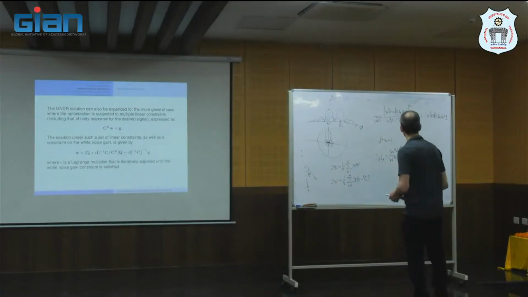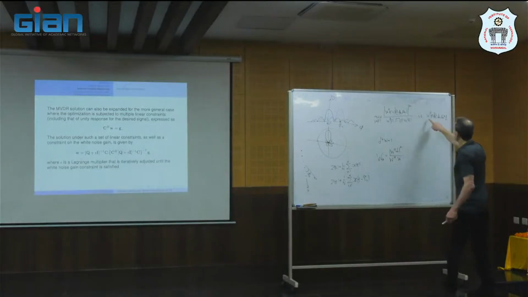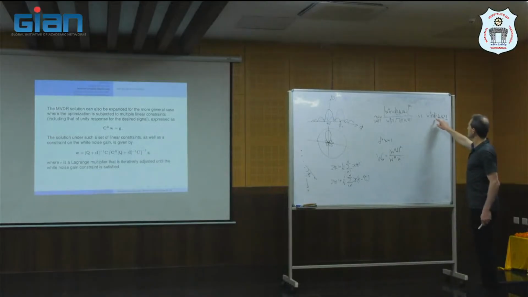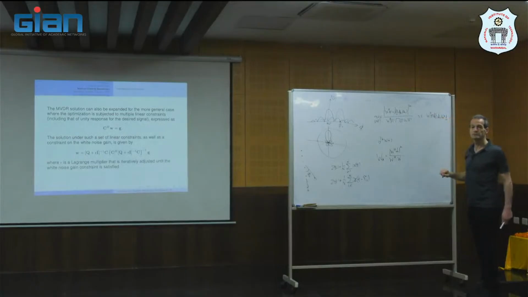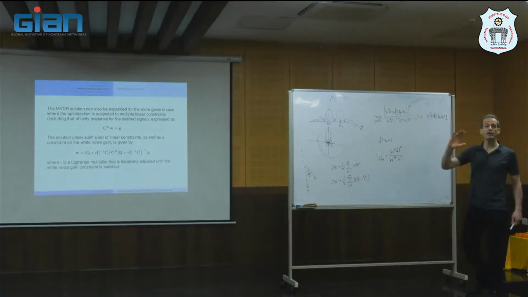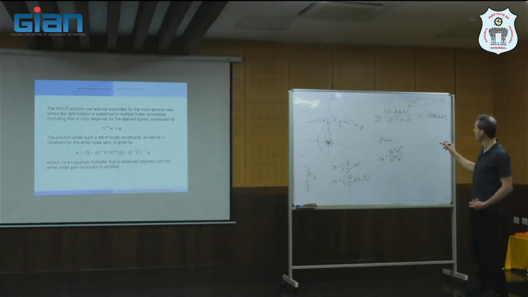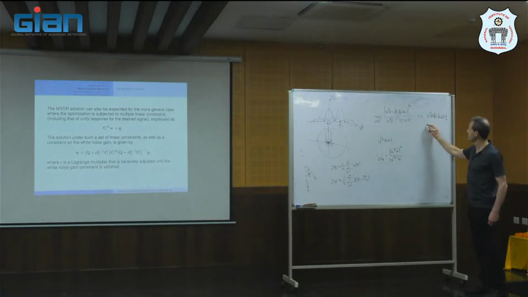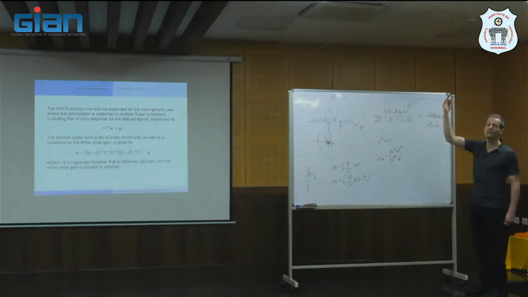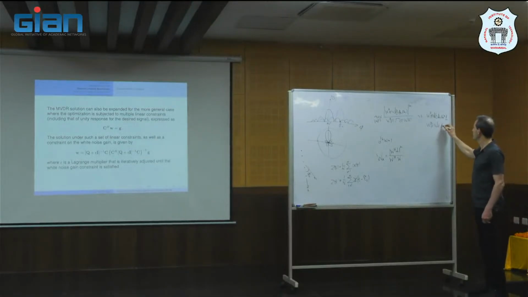For example, you see what I write here, that I want constant gain for a certain direction. Maybe I have other directions that I want to keep nulls in. So maybe I have another constraint, for example, W^H D for certain other direction, maybe phi1, theta1.